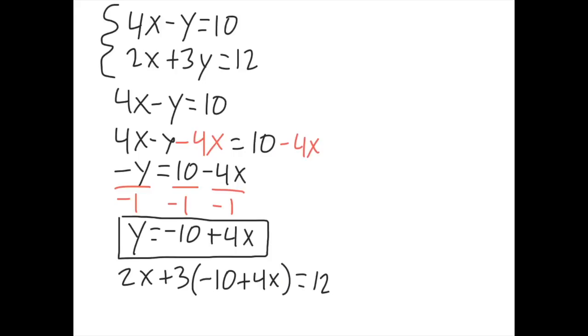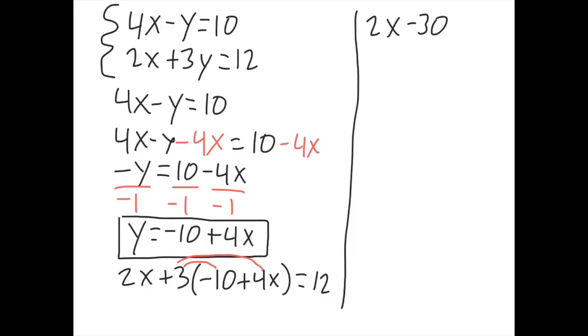Now, once again, I'm going to move to the upper right-hand corner. So we've still got the 2x, and then notice we have to use the distributive property here. So we've got 3 times negative 10 is a negative 30. And 3 times 4x is going to be 12x.